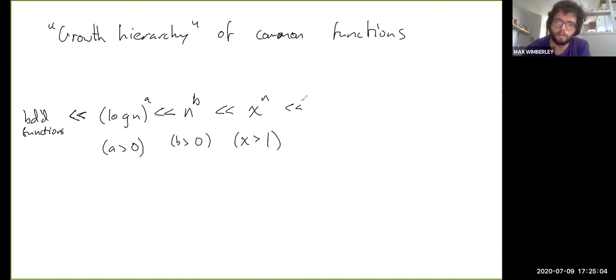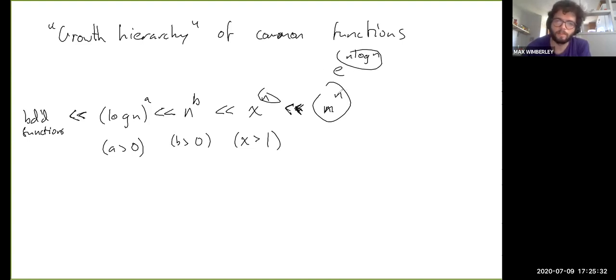Like for example, any exponential function like this is going to asymptotically be much less than n to the n, right? Because you can think about this as e to the n log of n. And of course we know that n log of n grows much faster than n eventually, right?